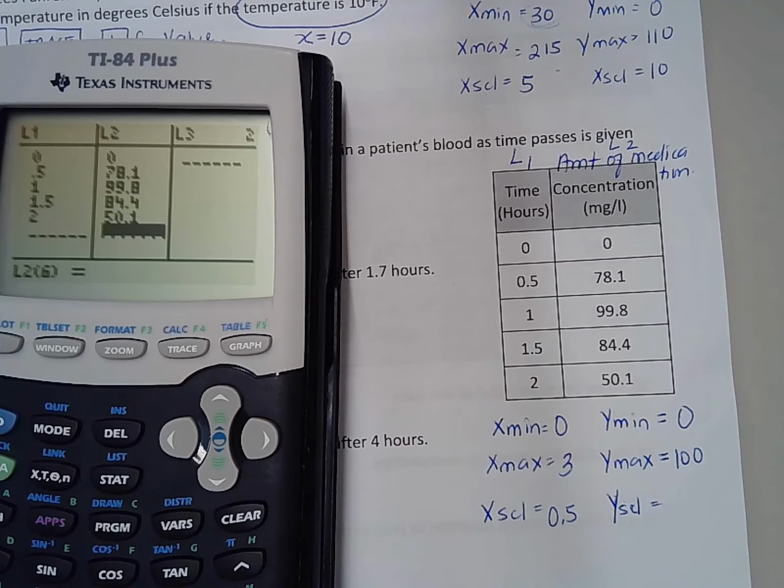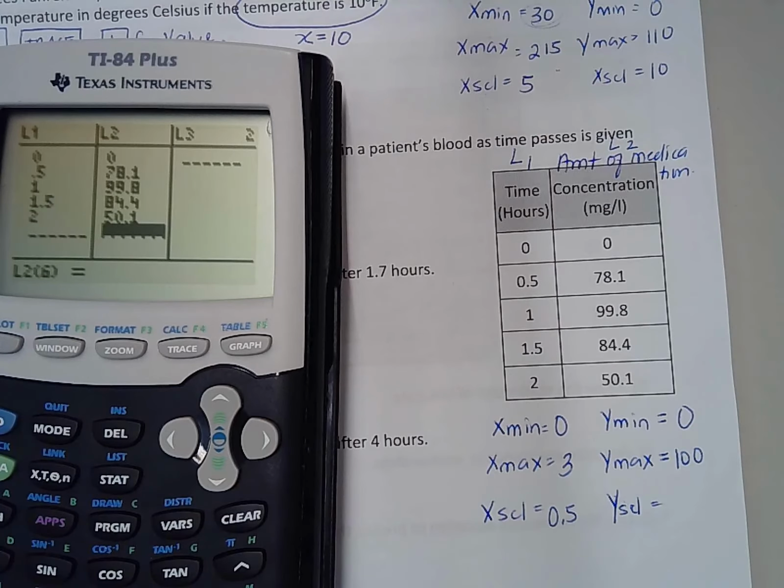It's okay. If you put 5, then you have more tick marks, because it's counting up by 5: 5, 10, 15, 20, up to 100. If you put 10, you have a little bit fewer tick marks because they go up by 10: 10, 20, 30, 40, up to 100.